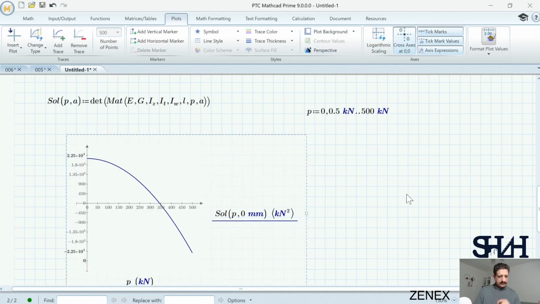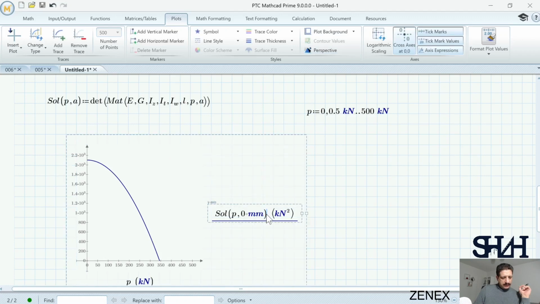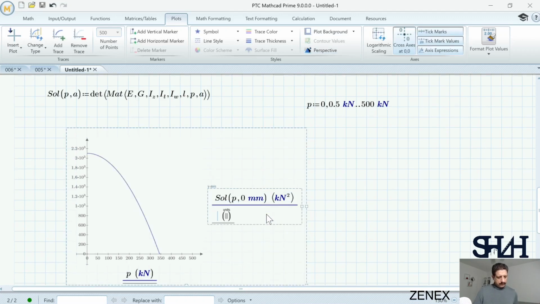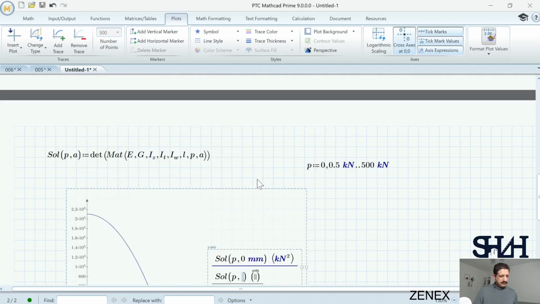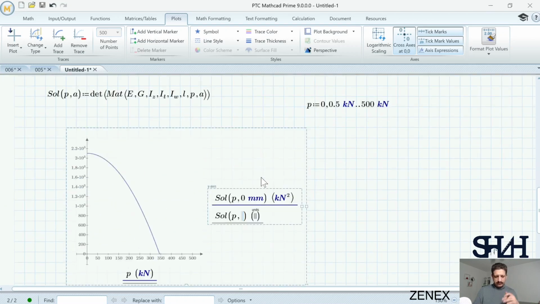We are interested in the P value where this function becomes 0. Also, I can sketch this for another A value. So the section is IPE 240. Assume that it goes to minus 120 millimeter.